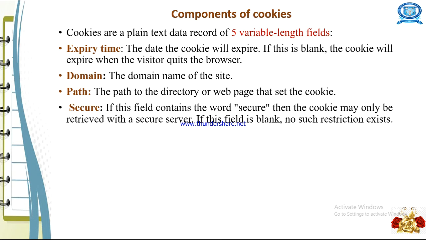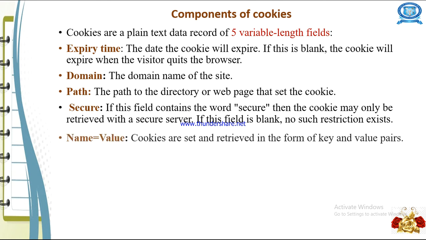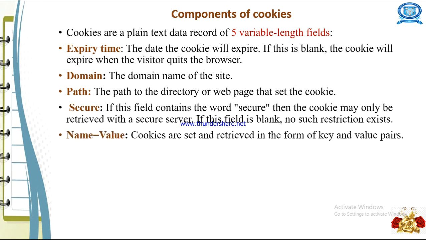If this field is blank, no such restriction exists. This is the fourth field. The next one is name equal to value. The cookies are set and retrieved in the form of key and value pairs, so a value is assigned to a name. These are the 5 variable length fields used in cookies. Those are the components of cookies.